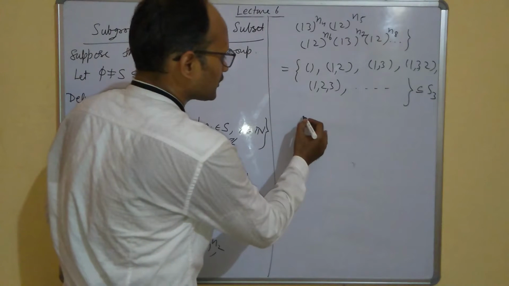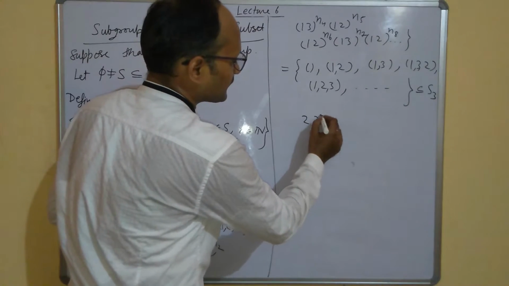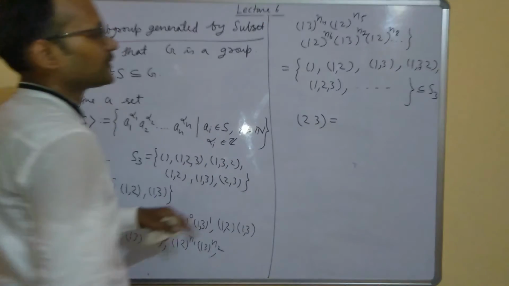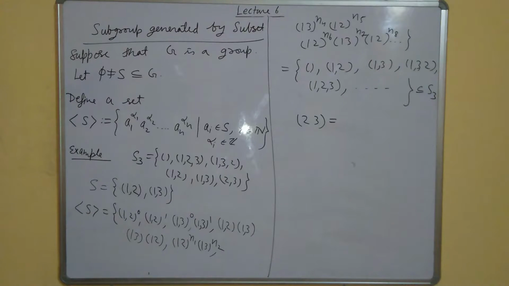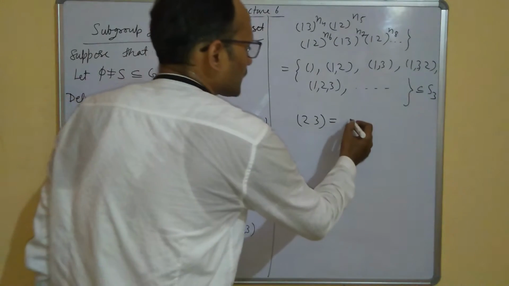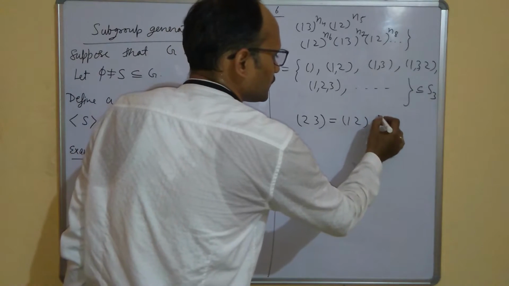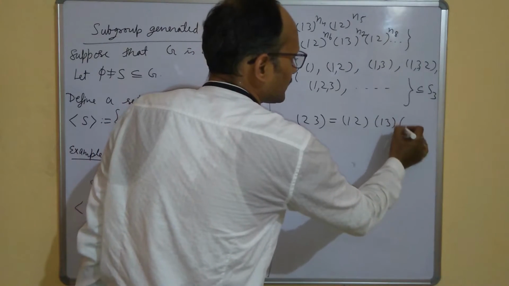Now one thing you can note, that (2 3) can be written as (1 2)(1 3)(1 2).